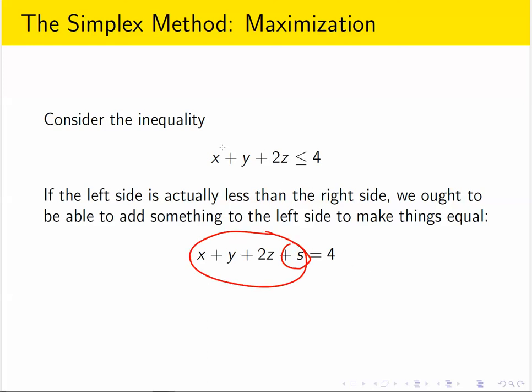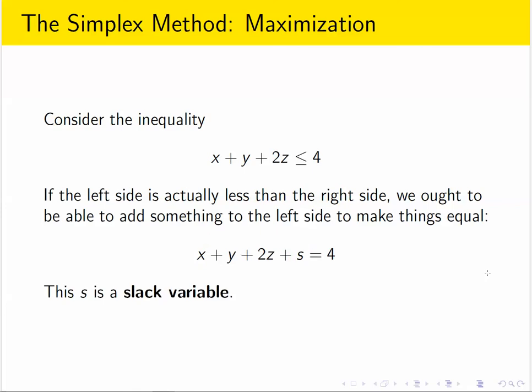And so if the left side used to be less than 4, I can add a little bit to make it equal 4. So this s is called a slack variable. It changes the inequality to an equality. If there's any difference between the left side and the right side, s accounts for that difference, so it takes up the slack.